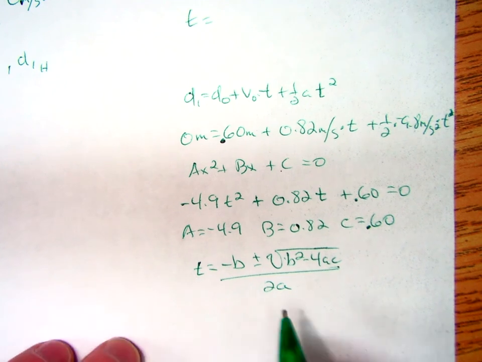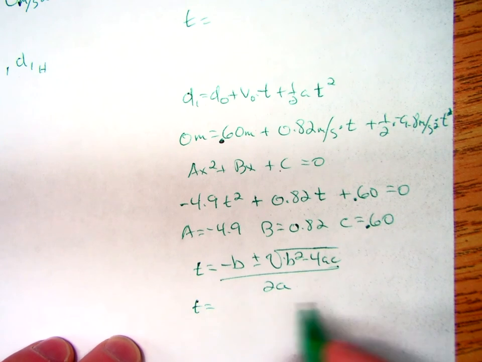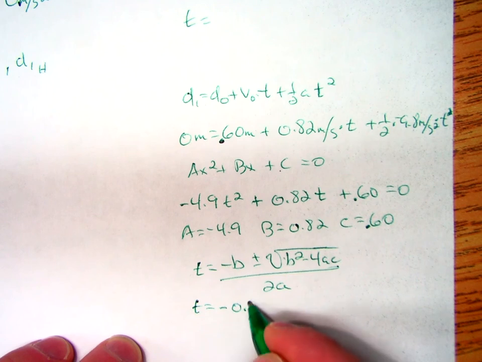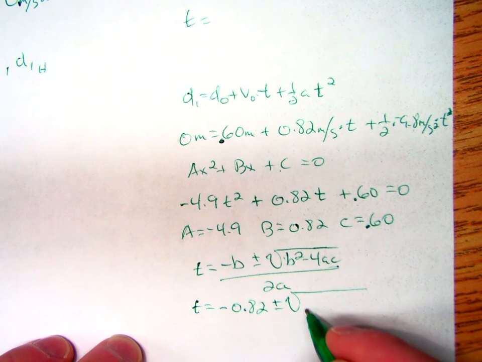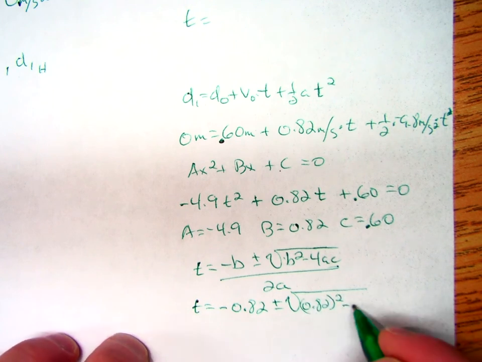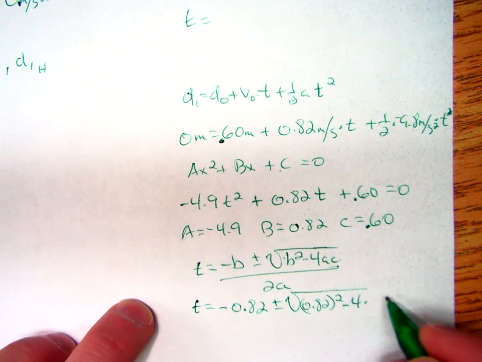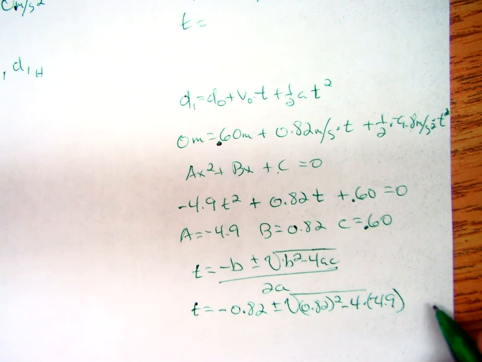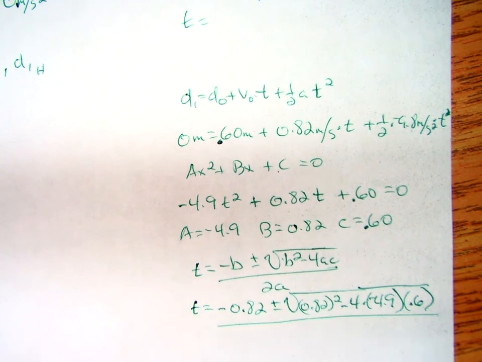So let's plug in. T equals minus 0.82 plus or minus the square root of 0.82 squared minus 4 times minus 4.9 times 0.6, all divided by 2 times minus 4.9.